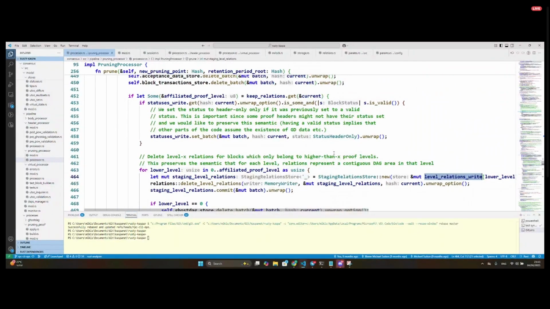There's only one instance of those. It's not per level. It's a global single instance of reachability data. And here I'm talking about the relations only, which just keep the parents, and then for each of my parents, I add myself as a child. So we have both ways we can go.